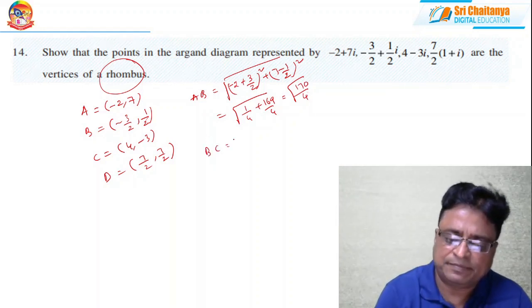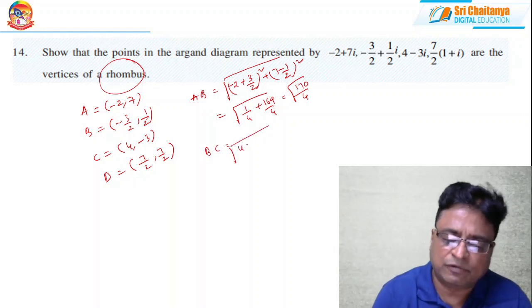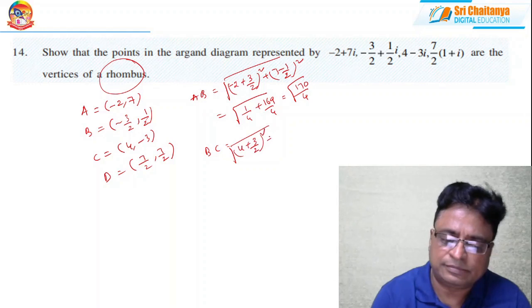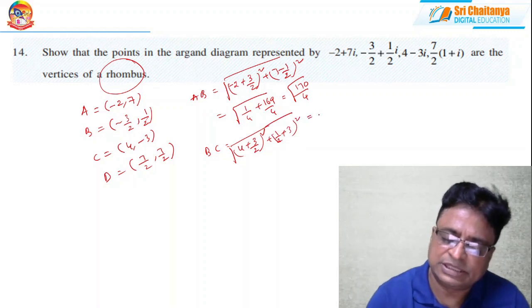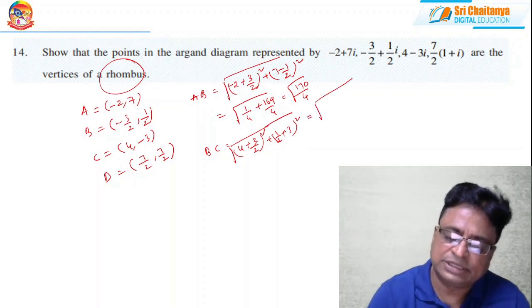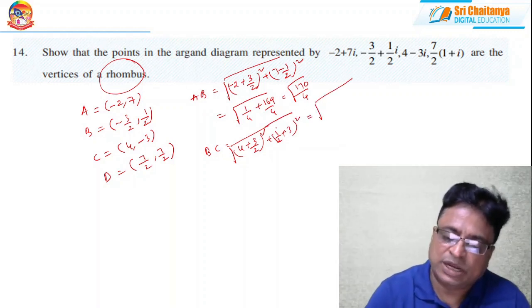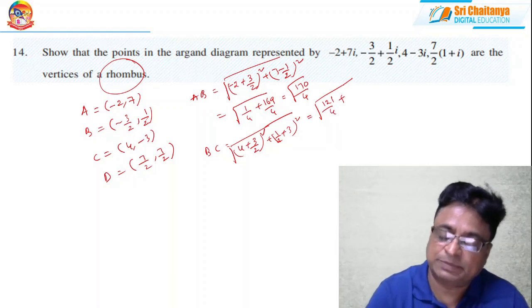BC. Again it is 4 plus 3 by 2 whole square plus 1 by 2 plus 3 whole square. This is nothing but root of, this is 8 plus 3, that is 11 by 2 whole square, that is 121 by 4, plus this is 1 plus 6, that is 7 by 2, that means 49 by 4.